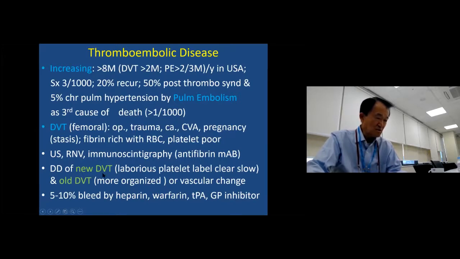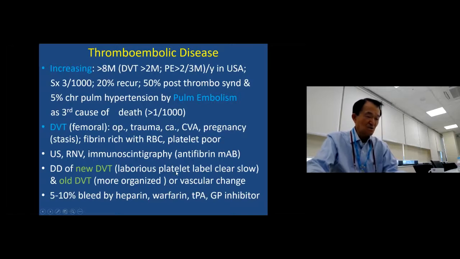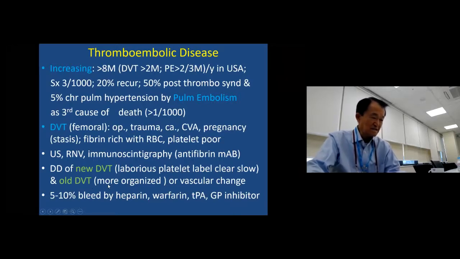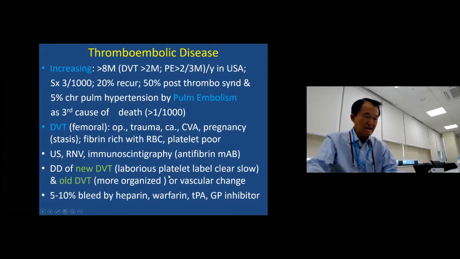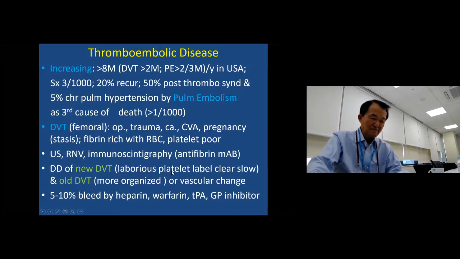The new one is related to platelets, as I say, more likely arterial type. The old one is more organized fibrins. So depending on what element we are labeling and dealing with, we can make a more specific diagnosis.